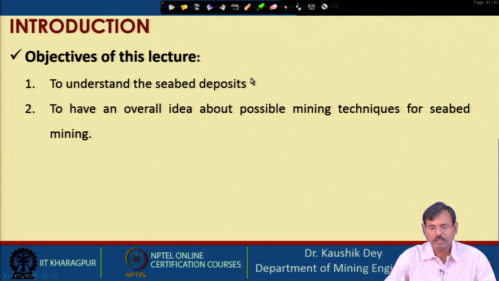Almost all our surface deposits available on intact land, we have already excavated a significant portion of. The remaining portions are either very deep seated in the earth, or sometimes locked with inhabitants, so the excavation of those deposits is becoming problematic.